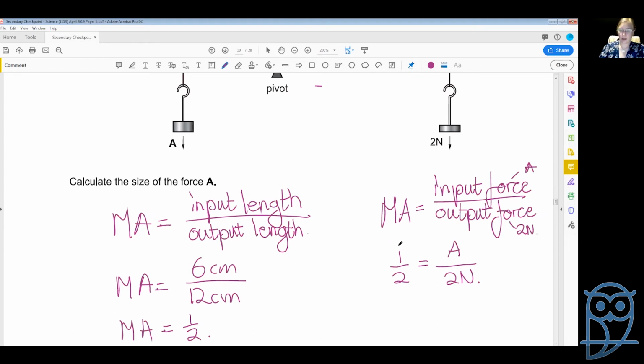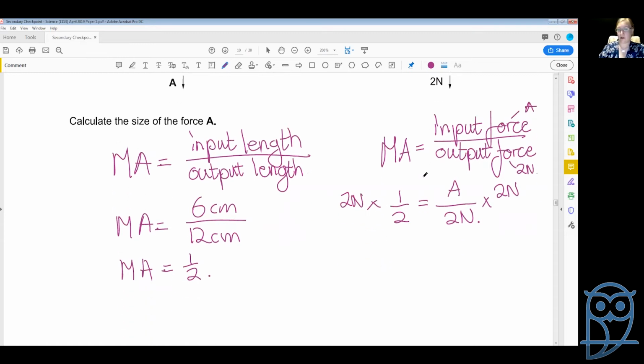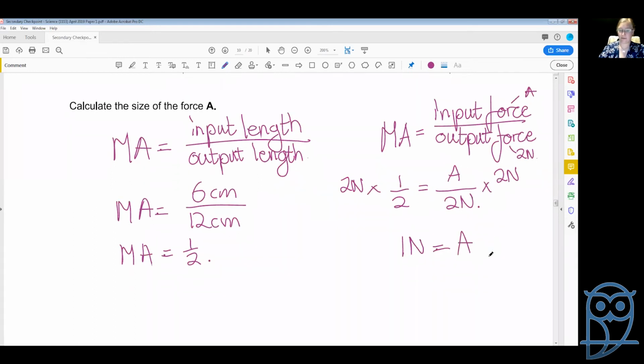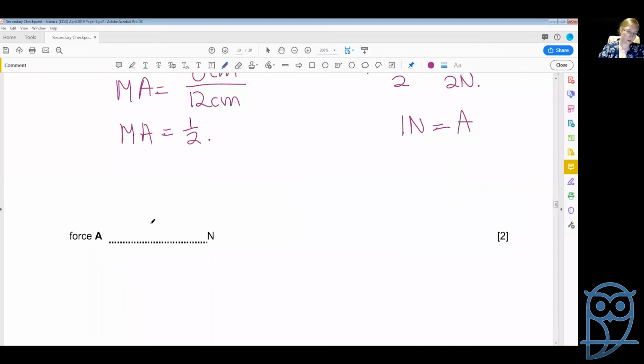So that means that over here, we want to get rid of this 2 newtons below the line. So we are going to times it with 2 newtons. And what we do on the one side, we have to do on the other side. So on this side, we end up with 1 newton. And over here, we just have A. So our force for A is 1 newton.